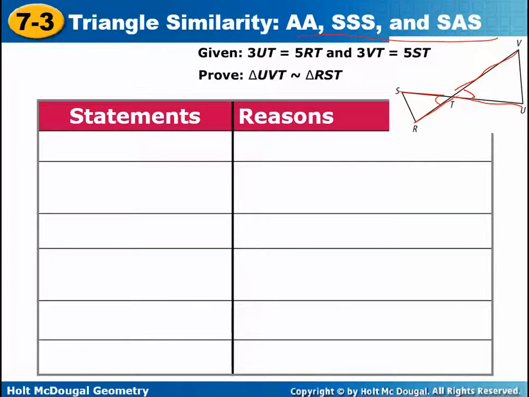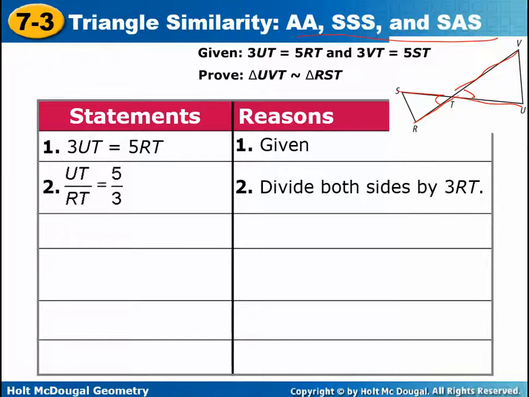So we're going to start with the given statements. And then remember in the last section, we wrote similarity ratios by dividing. So if I wanted to change this to UT over RT, I had to divide both sides by 3RT.